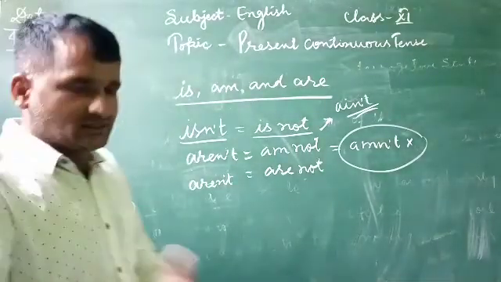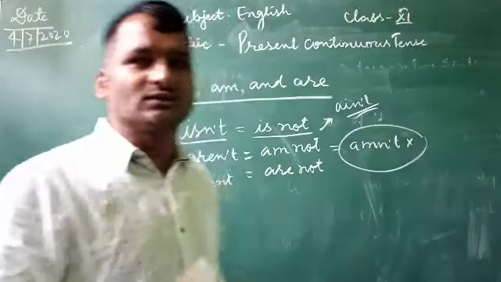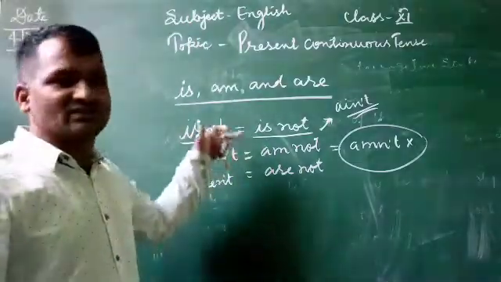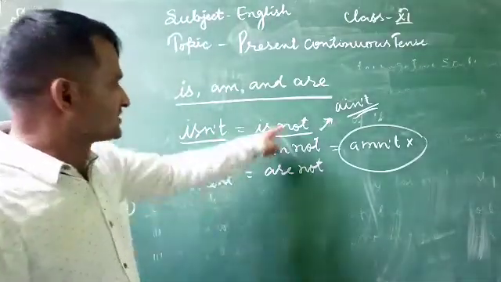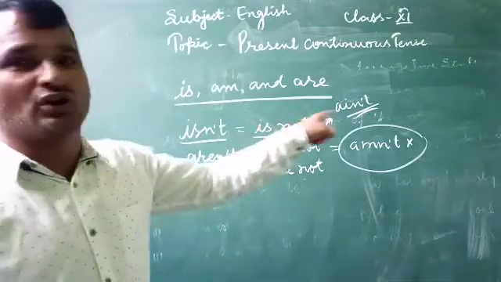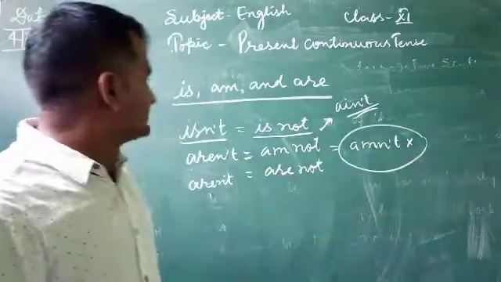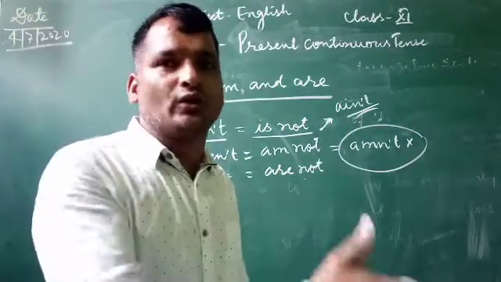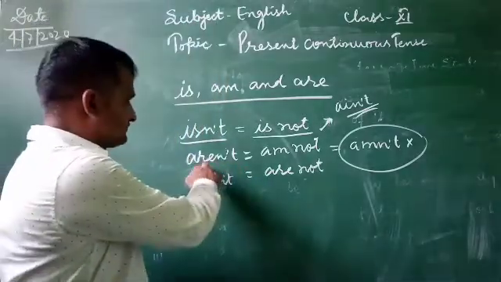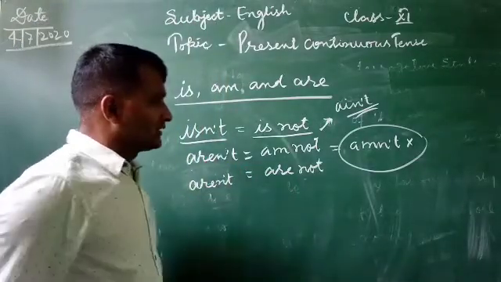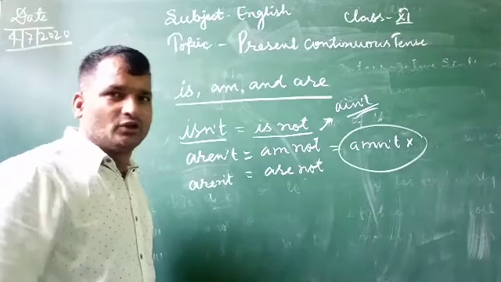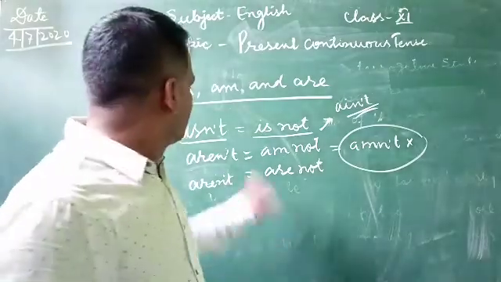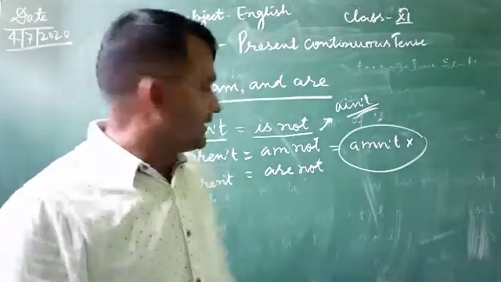And in English conversation you should mostly use abbreviations of helping verbs. No need to say Ram is not going to home. You can say Ram isn't going to home. They are not playing in the field. You can say they aren't playing in the field.